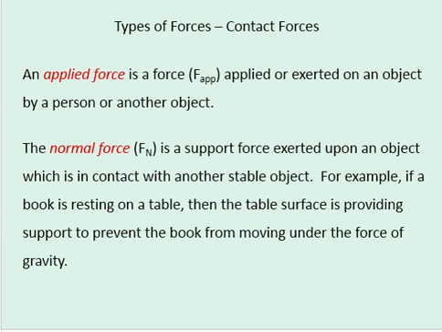Or if you think about a book sitting on a table, again, gravity is exerting a force on that, trying to pull it down to the surface of the earth, but the table surface is providing a support force that prevents the book from moving under the force of gravity. It's called the normal force because it's always perpendicular to the surface that is exerting the force. So if you remember from geometry, that word normal means perpendicular. And it's going to be represented by an F with the subscript N.